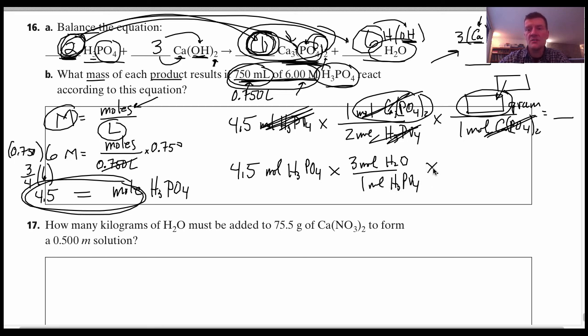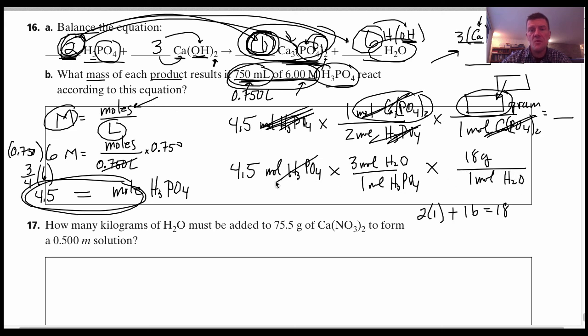And then we have to multiply by the molar mass of water. Well, the molar mass of water is 18 because you've got 2 hydrogens, 2 times 1, plus the 1 oxygen, oxygen is 16, that's a total of 18 there. So 18 grams for 1 mole, and this is for water.